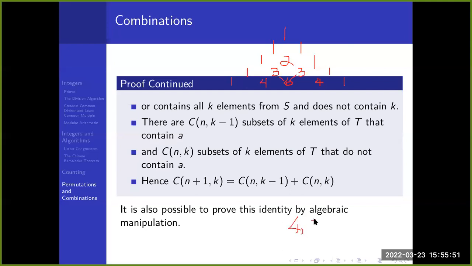The coefficient there will be 4 combination 2, and if you apply our formula, this should be equal to 3 combination 1 plus 3 combination 2.